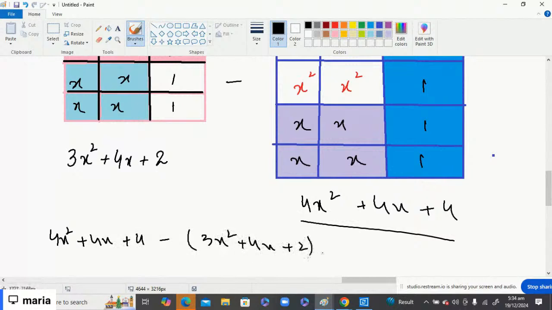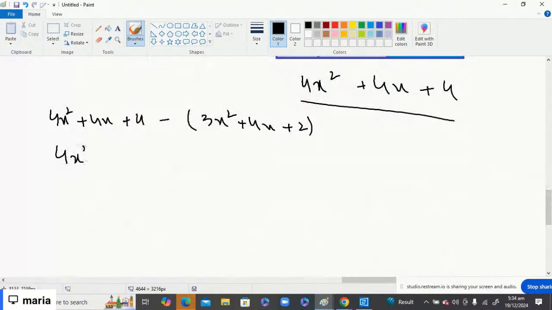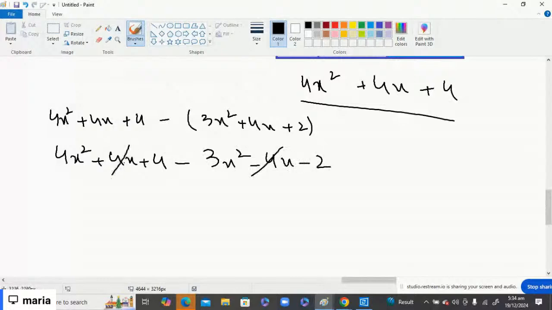After subtraction of these two, what is the answer? First of all, open the bracket. 4x square plus 4x plus 4 minus 3x square minus 4x minus 2. 4x and 4x cancel. 4x square minus 3x square, only one x square is left and only 2 is left.